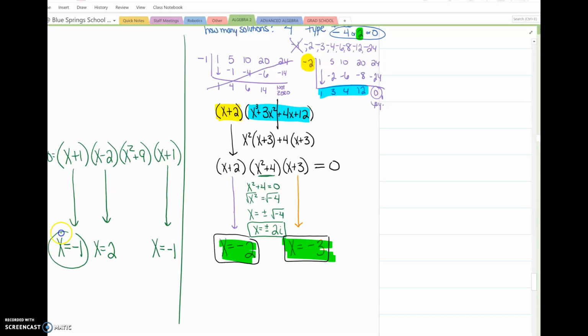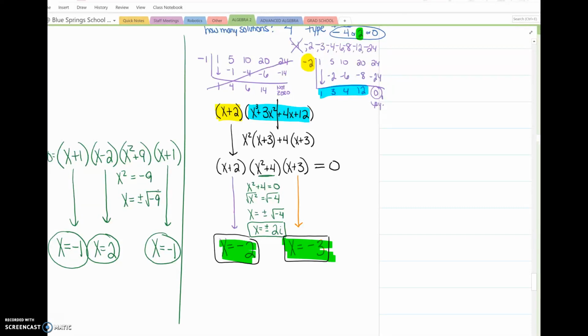Do you see how 2 of these solutions are negative 1? And then there's a solution of 2. What about x squared plus 9? 3i. Because we would subtract 9 on both sides, and then square root, you'd end up having plus or minus the square root of negative 9.